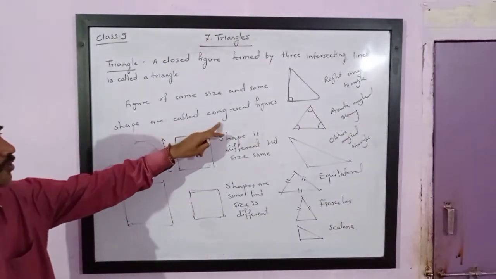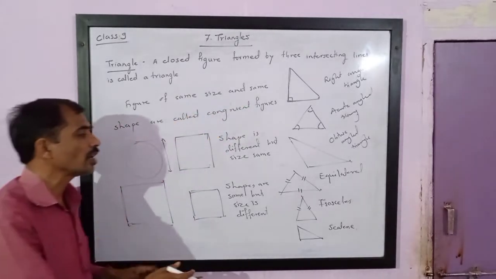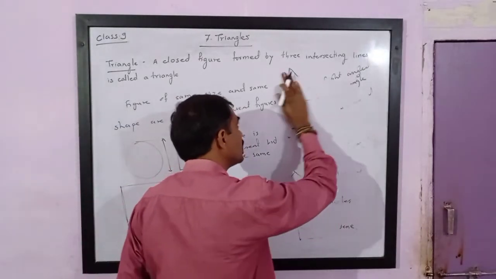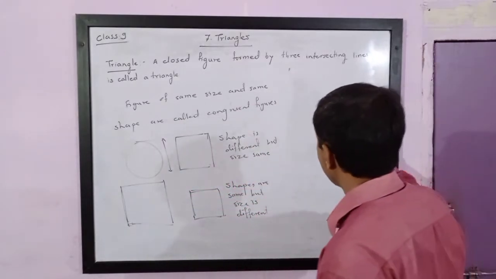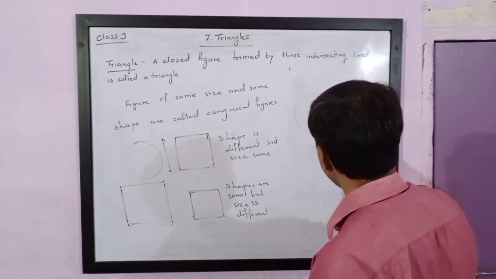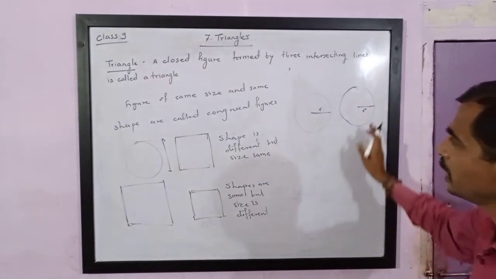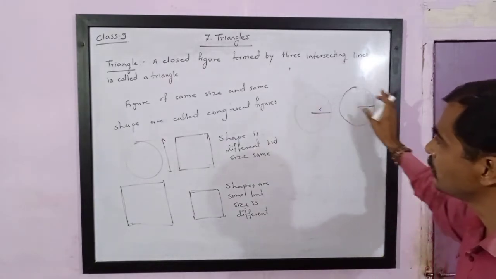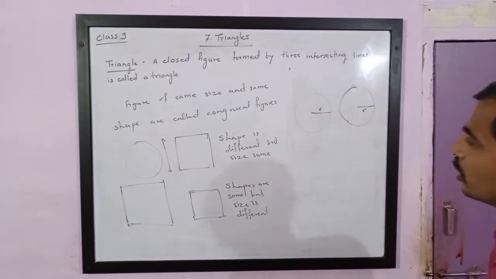Here for congruent figures we need the same size as well as the same shape. So if we think of congruent circles, then circles with equal radius, please note, if this is R and this is also R, if both have the same radius, then they have the same shape as well as the same size, and in that case we can call those circles congruent circles.